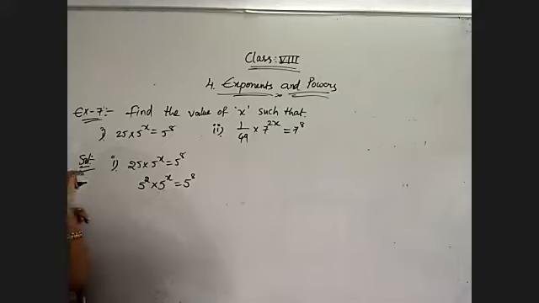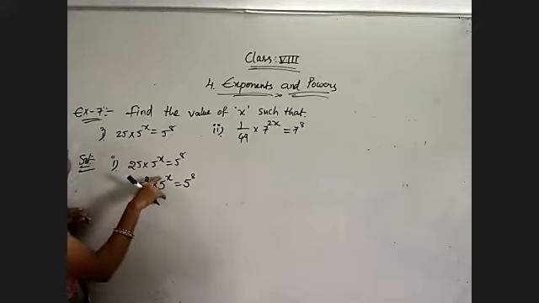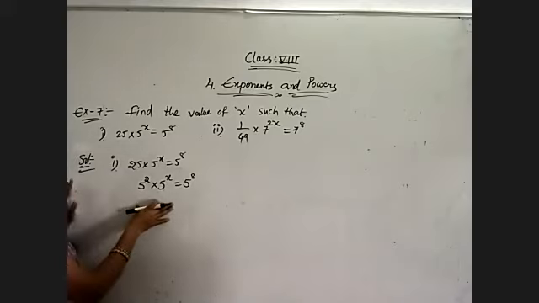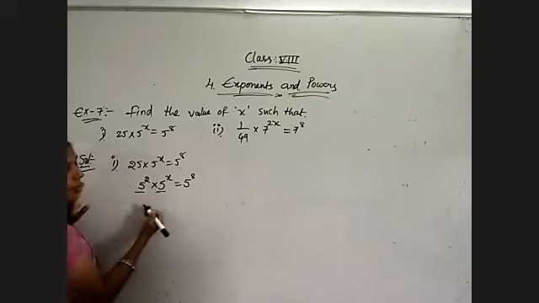Okay. So now I want the x value. We have two methods. Because we have the same bases and they are multiplied, we have to add the exponents by using the formula a power m into a to the power of n is equal to a to the power of m plus n.